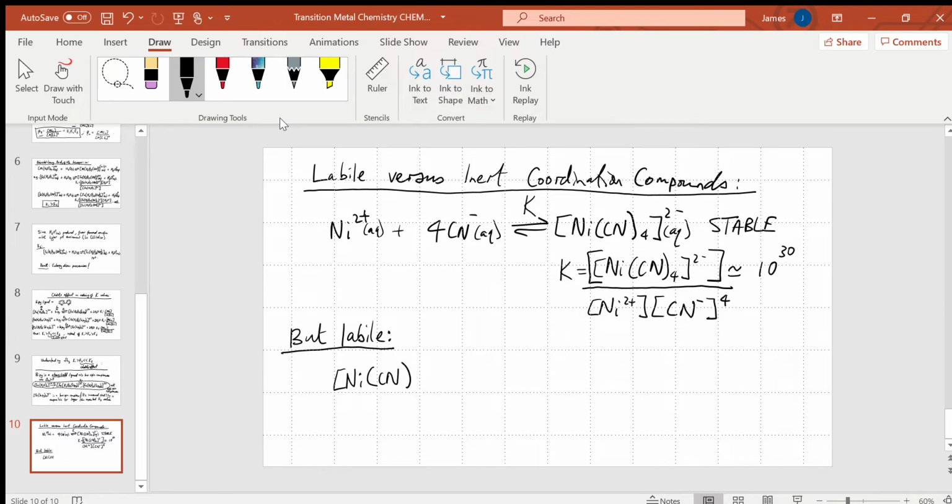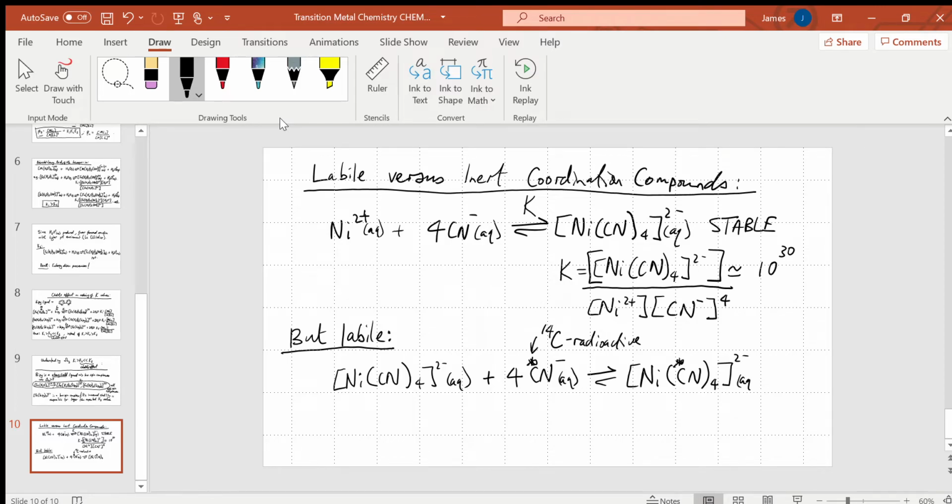So we can take Ni(CN)4 2-, aqueous, and then when fed with, here the asterisk means radio-labeled, so carbon-14, which means radioactive, then it will produce the radio-labeled coordination compound and the original CN minus, aqueous.